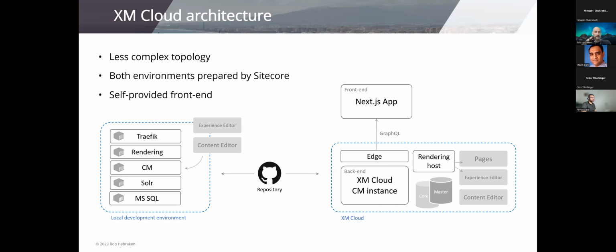And the local development is provided by Sitecore in the means of an example repository or some sort of boilerplate, if you would like to call it like that, where you can start working from, and a set of Docker containers from the container registry that hand you the images that you need to start up the environment.